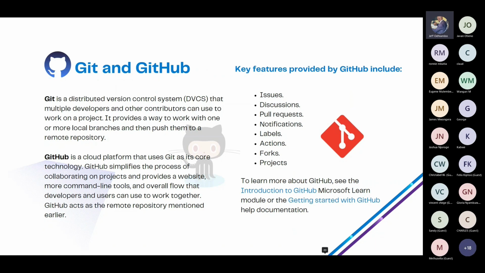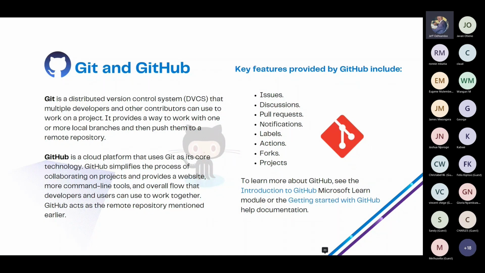It simplifies the process of collaborating on projects and provides a website and more command line tools. So you are able to work on a project without running the Git commands. It provides a kind of GUI whereby you can just click to merge the changes, and the commands run behind the scenes.